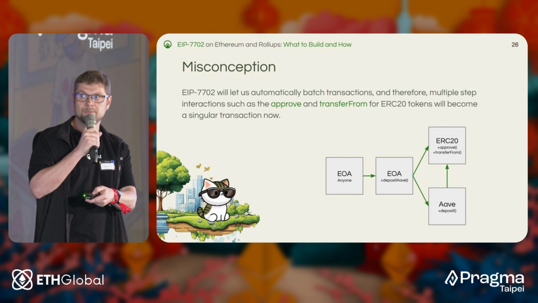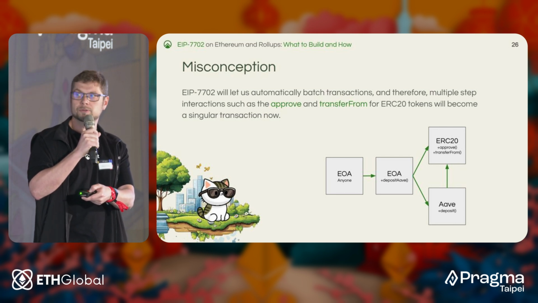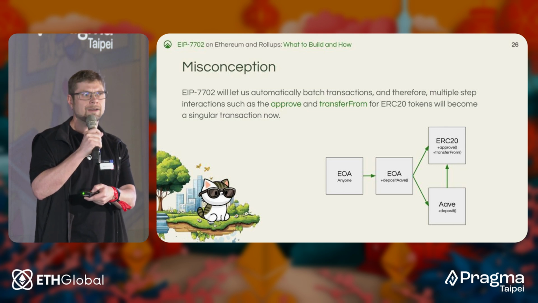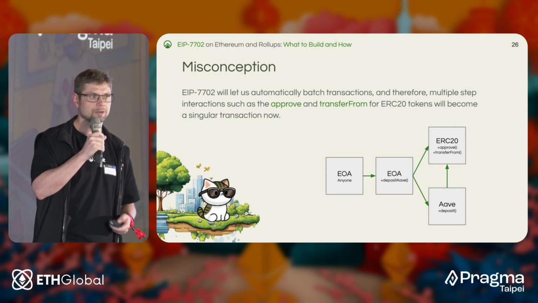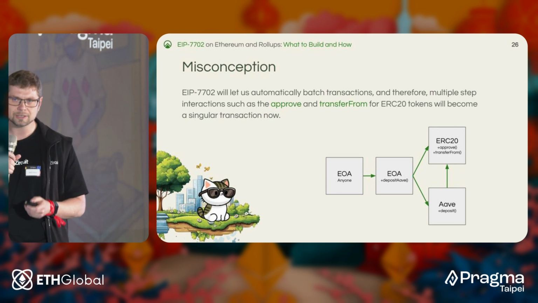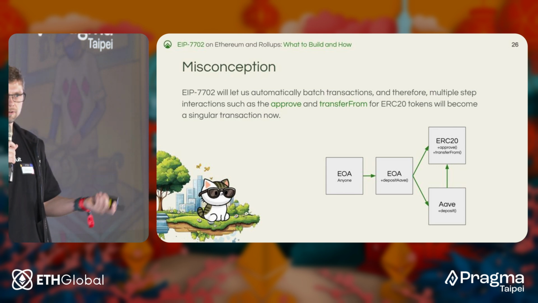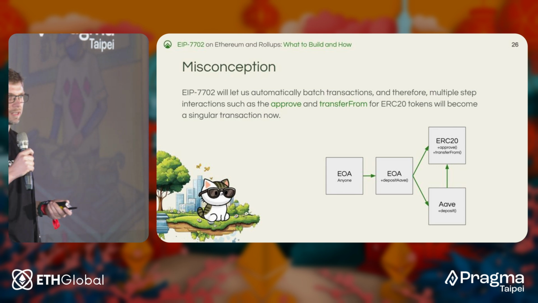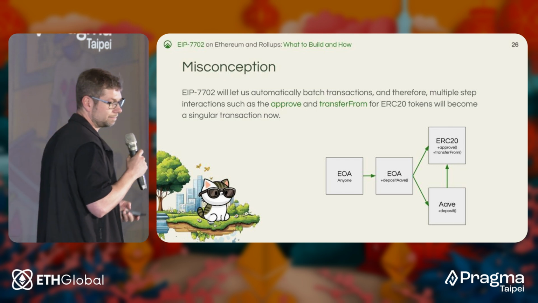And then anybody, including you, would be able to trigger this function. Within the execution of this function, your account would talk to the ERC20, and then it would talk to Aave, and that would get completed. Single signature, single waiting for confirmation, single waiting for the transaction to be actually processed on chain.